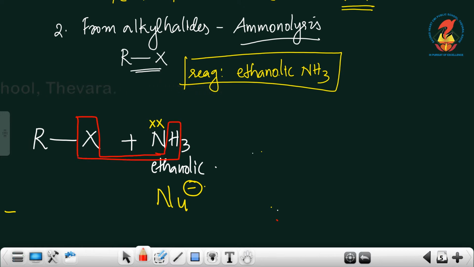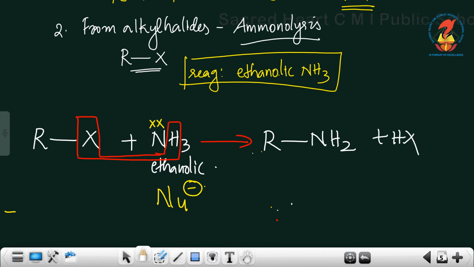From RX, X is removed, from NH3 hydrogen is removed. So, balancing NH2, we get RNH2 plus HX. So, what we got here is a primary amine.